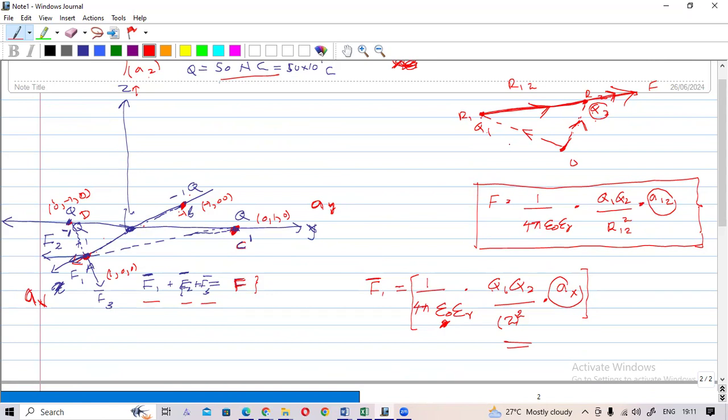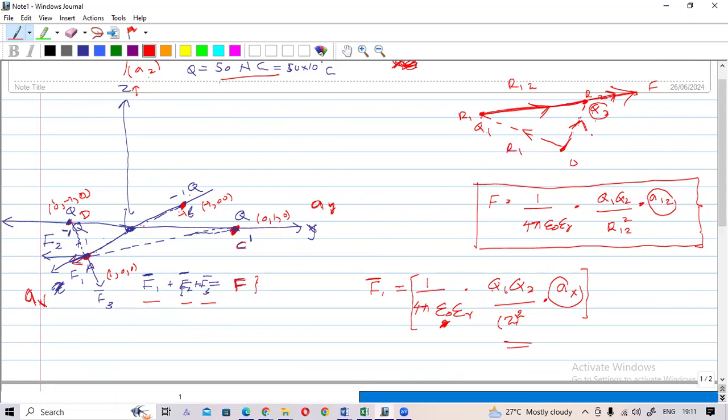So if this is R1 and this is R2, simple R1 and simple R2, I think maybe in the textbook it is found, please check.